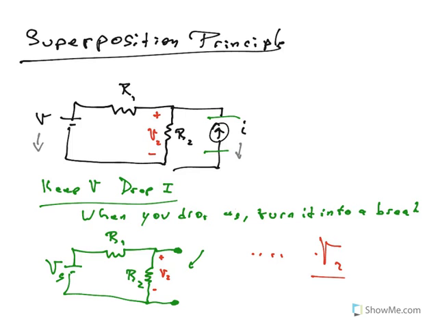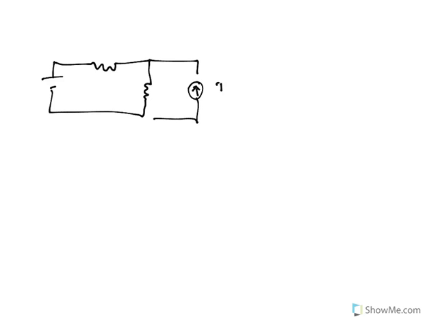But then we have to redraw the circuit a second time. This time we're going to keep the current source and we're going to drop the voltage source. So let me rewrite the original circuit just so we have it to look at again. Here's my source current, here's R2, here's R1, here's our voltage source.